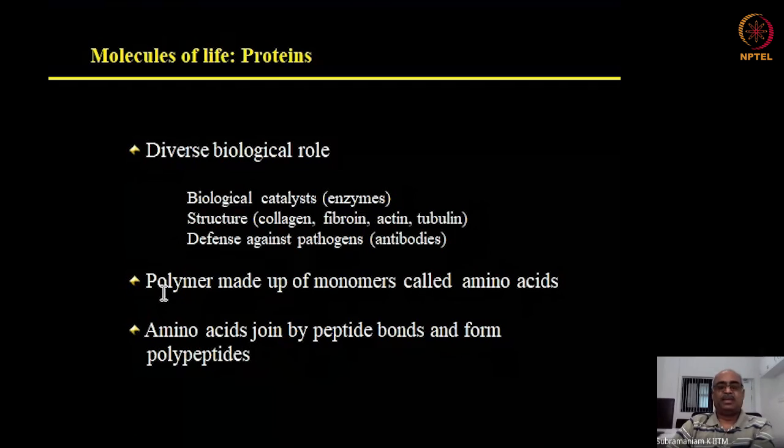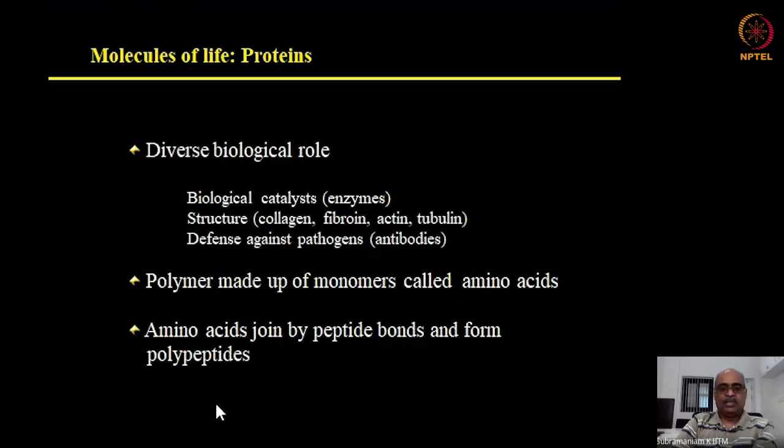Therefore we can try to understand how the laws of thermodynamics are obeyed by biological systems, and also learn about the kinetics of biochemical reactions, and that will set the stage to discuss metabolism. Okay, so let us begin with proteins.